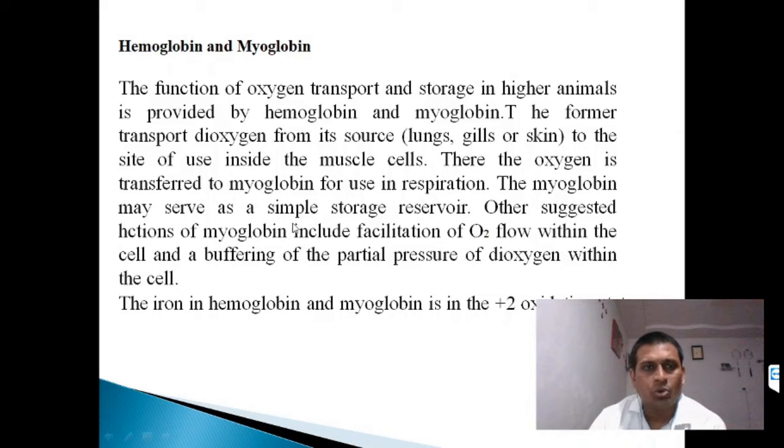What is the function of hemoglobin? The transport of oxygen and storage in higher animals is provided by hemoglobin and myoglobin.